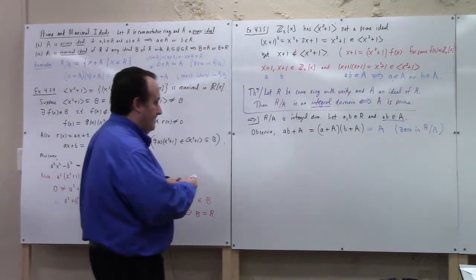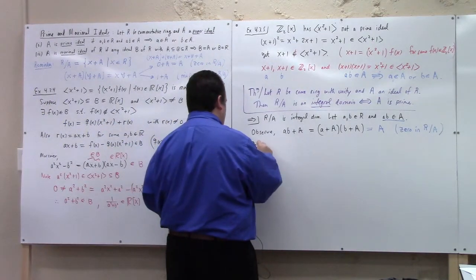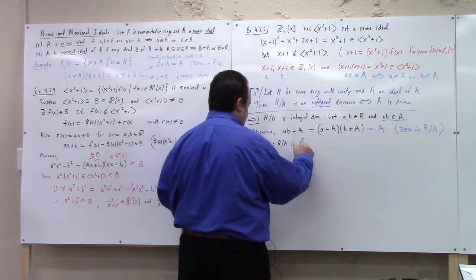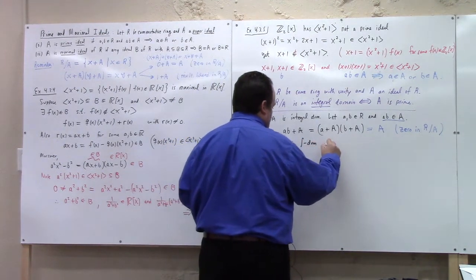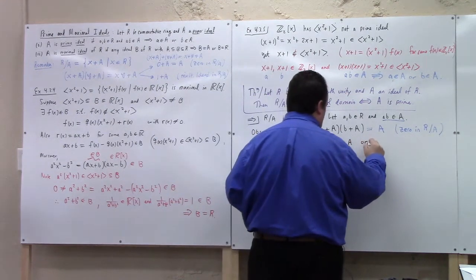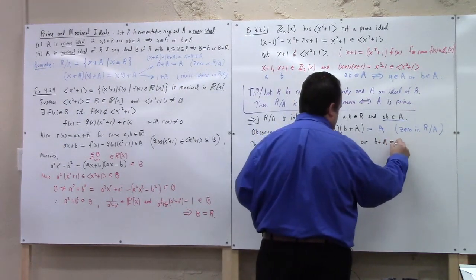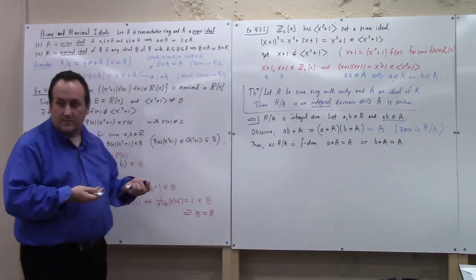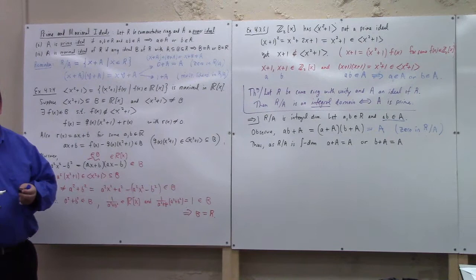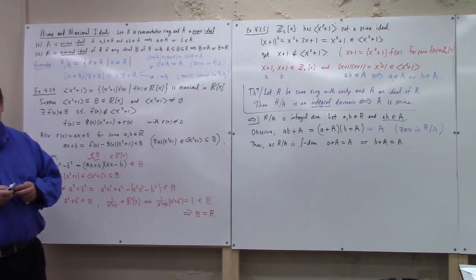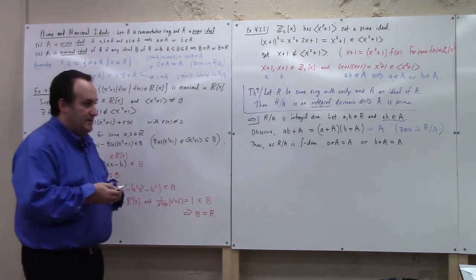Therefore, as R mod A is an integral domain, a + A equals A, or b + A must equal A. Because either one of them or both has to be 0, since the product of them is 0. But what does it mean for a + A to be equal to A? What does it mean for b + A to be equal to A?